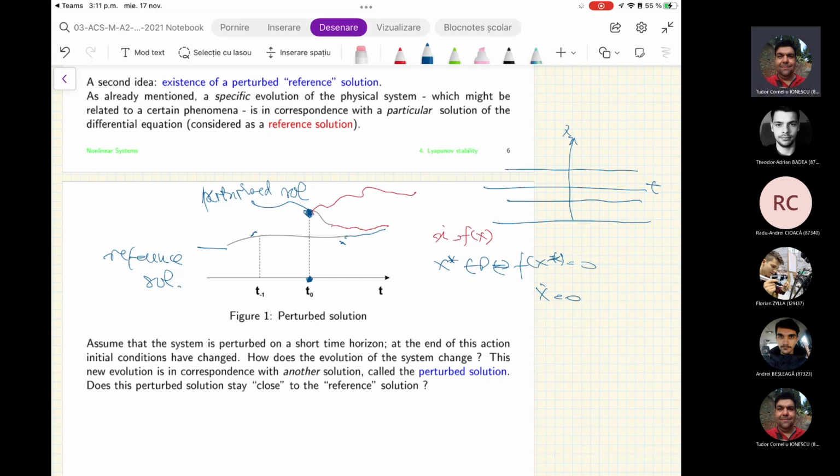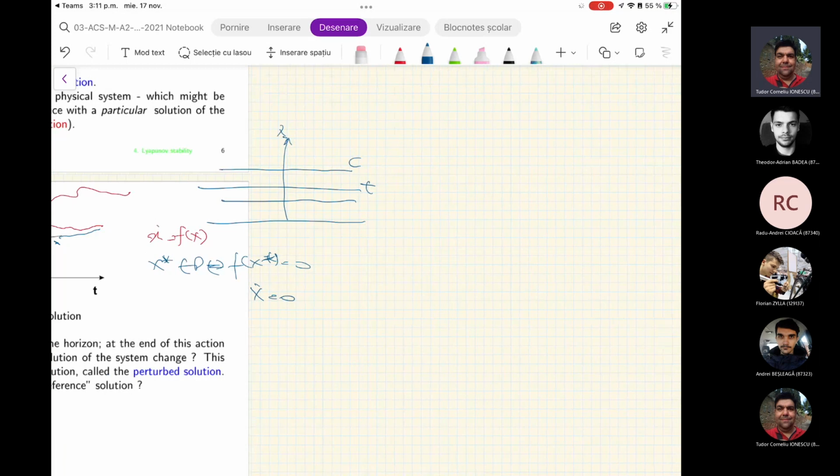Exactly. So probably these are going to be the reference solutions. And then we are going to check if we change the initial condition, if the new trajectory comes towards the equilibrium or goes away from the equilibrium. And this is how we're going to define stability.